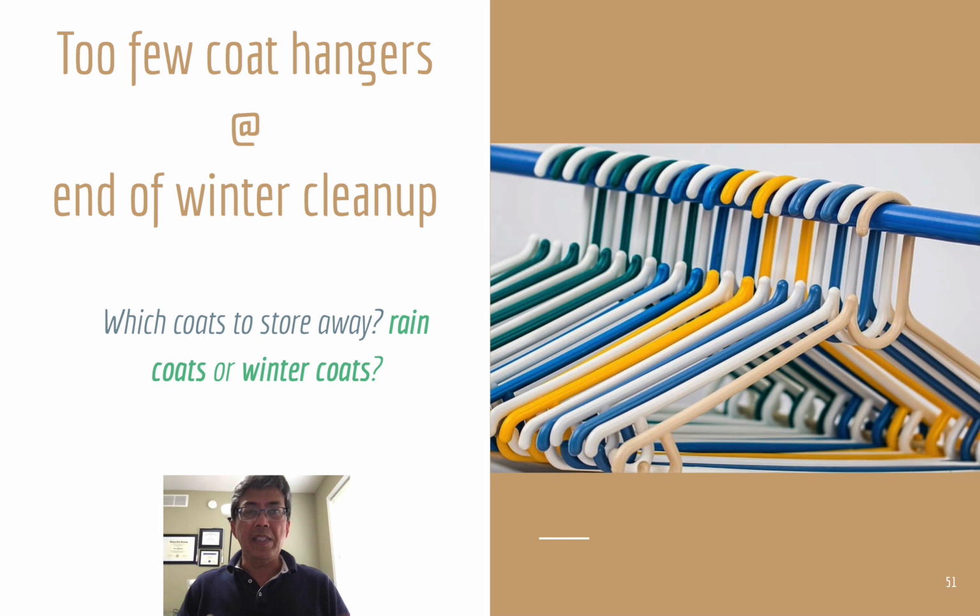Because this is at the end of winter, between the two choices, in my opinion, it will be better to store away the winter coats. Why? Because the winter coat potentially will not be used again until next year, but your raincoats may be used again maybe in April, May, or June.